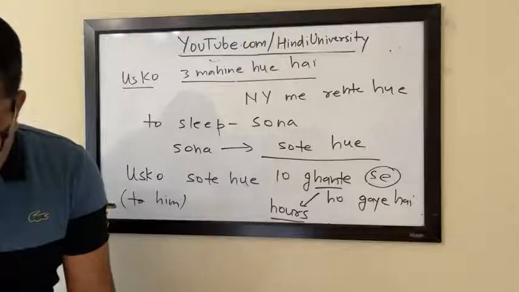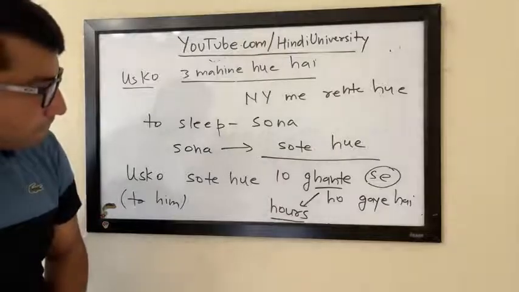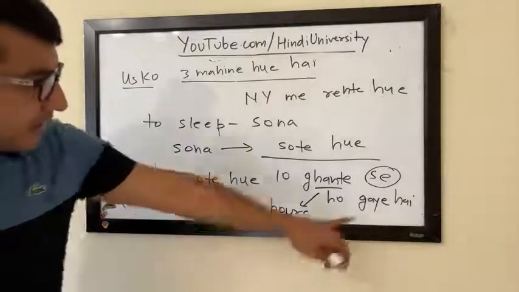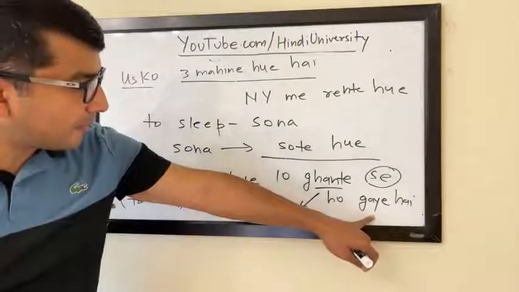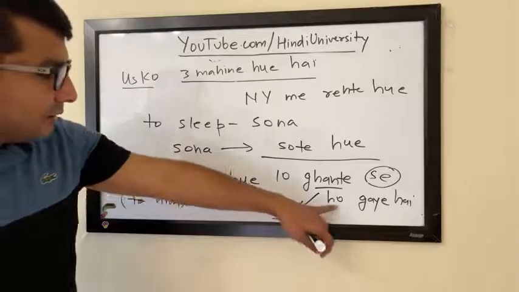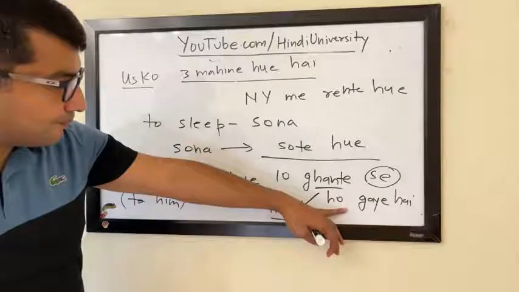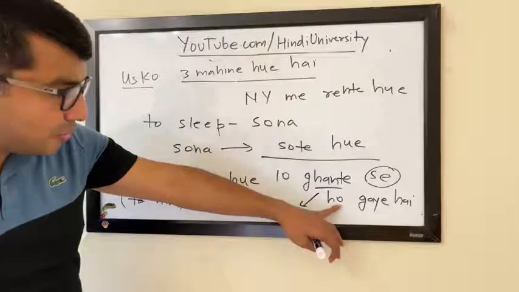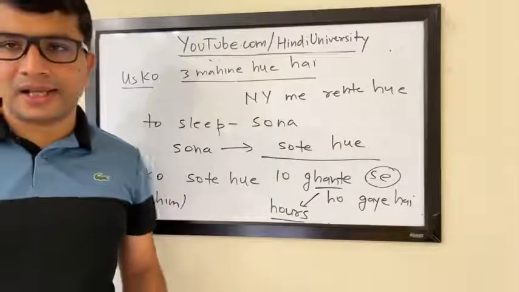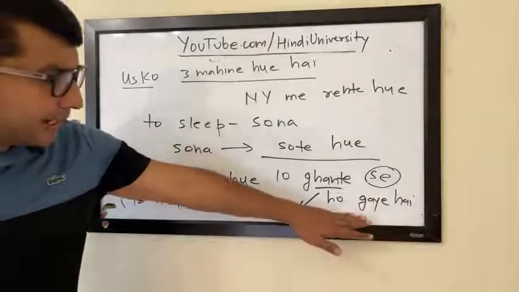Any more questions on this one? Ashu Ji, you have used hote there? In the last, हो चुके हैं. उसको सोते हुए 10 घंटे. What did we use before? You can say हुए हैं, you can say हो चुके हैं, or you can say हो गए हैं.